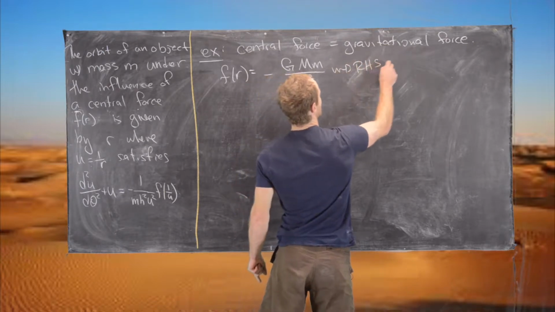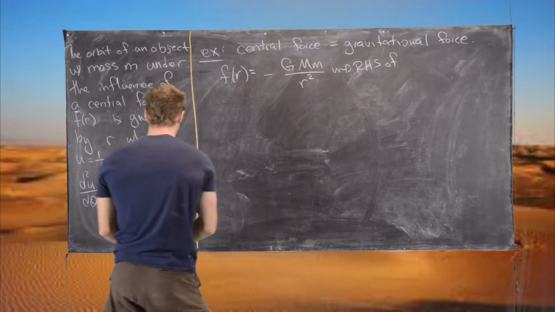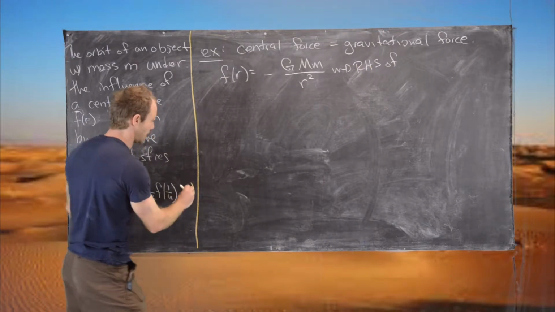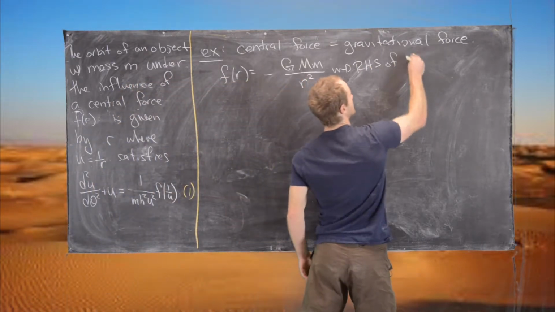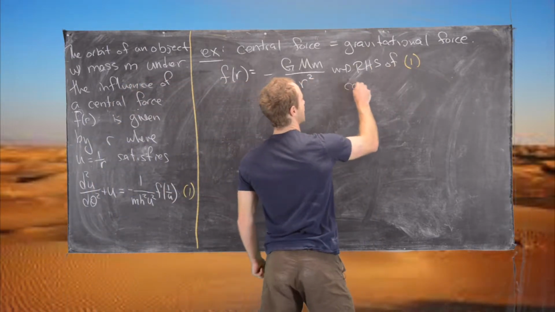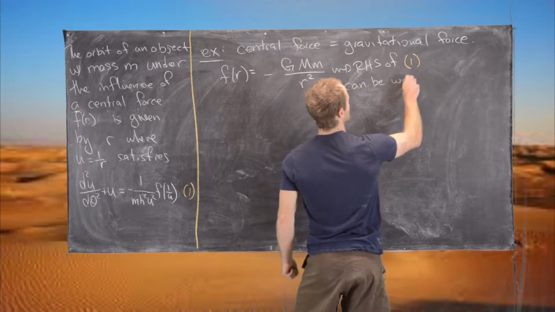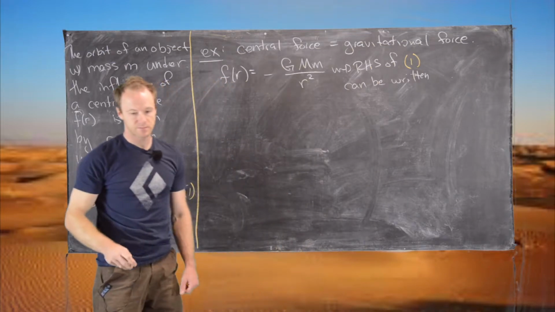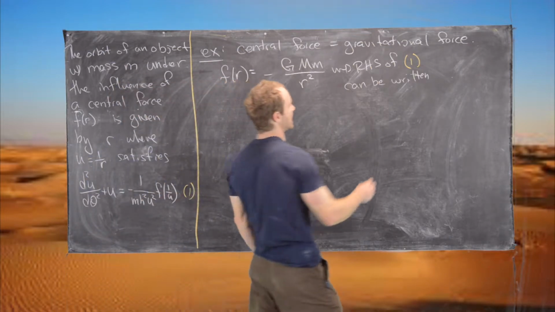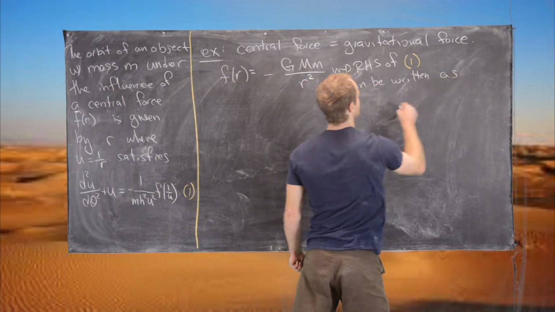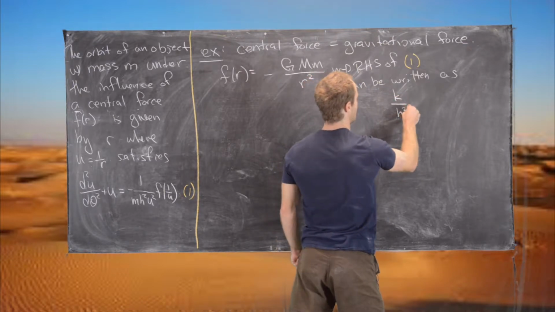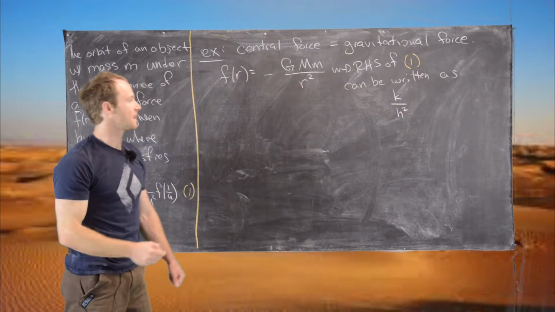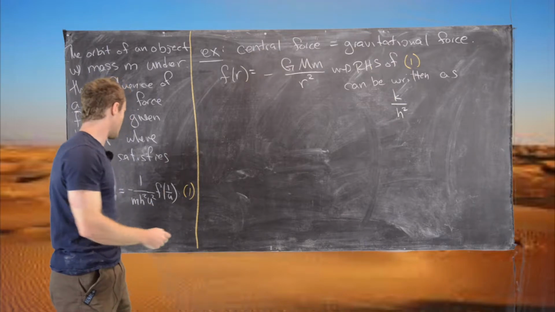So that means the right-hand side of, and let's call this equation number 1, can be written as k over h squared. Okay, great. So let's see how we can see that.